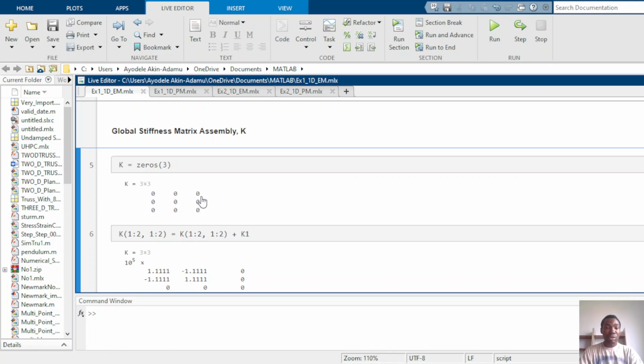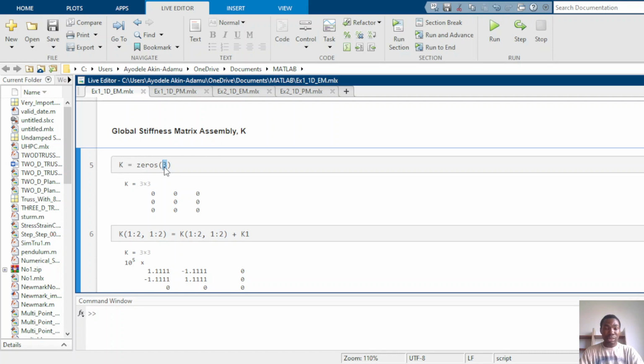To do this in MATLAB, it's very easy using the zeros inbuilt MATLAB function. Zeros is an inbuilt function in MATLAB which is used to create a zero square matrix. You specify the size of the zero matrix by entering the number here.